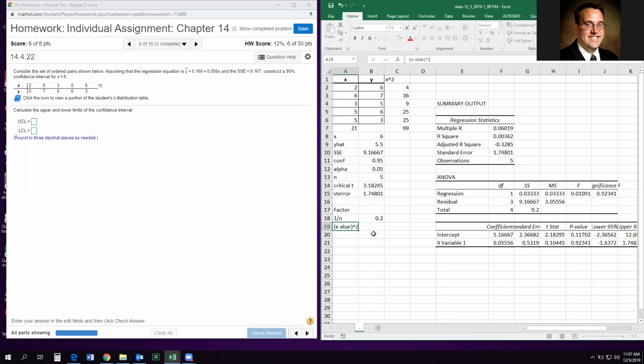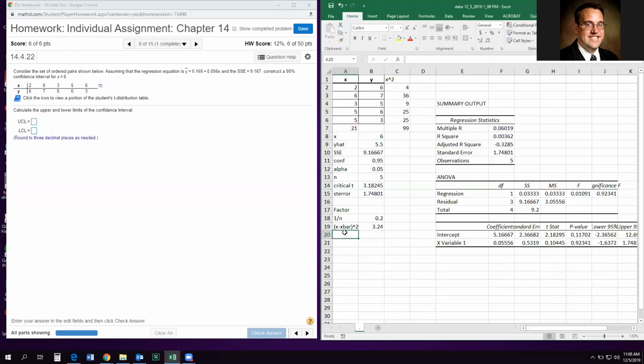So what we're going to do is we're going to take our value of x, and then we're going to subtract x bar. Now, x bar is the mean of x, right? And so we don't have that given to us. What we have to do is take our sum of x divided by n, and that's going to give us the mean or x bar. And then that whole thing is going to be squared. So the whole x minus x bar squared.